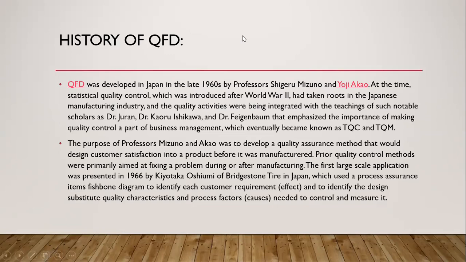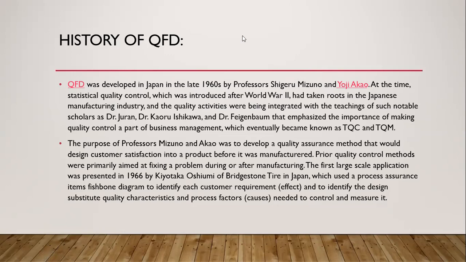And next comes the history of quality function deployment. This concept was first introduced by two professors, Shigeru Mizuno and Yoji Akao. They implemented quality function deployment after the period of the Second World War, and that brought massive improvement in Japanese manufacturing industry.